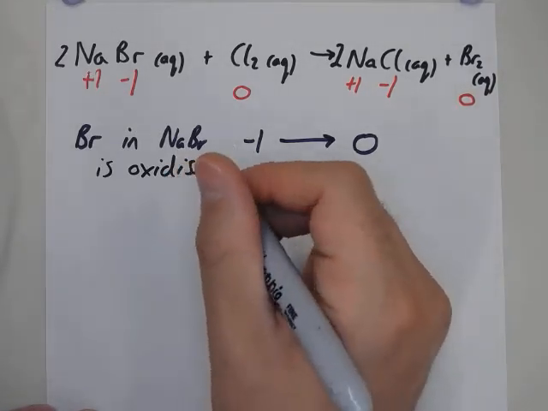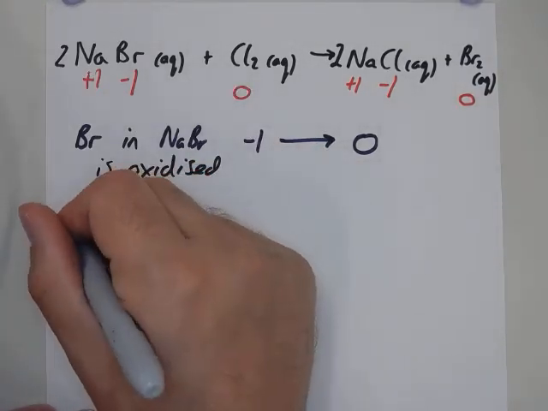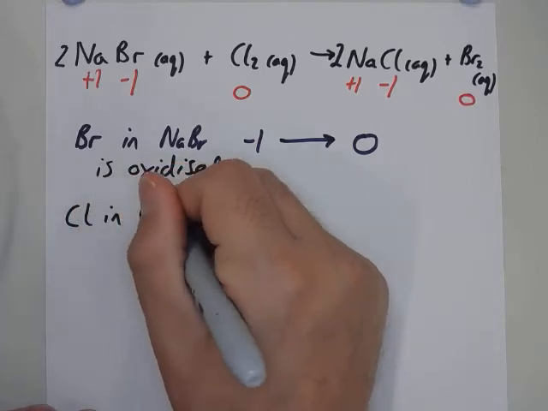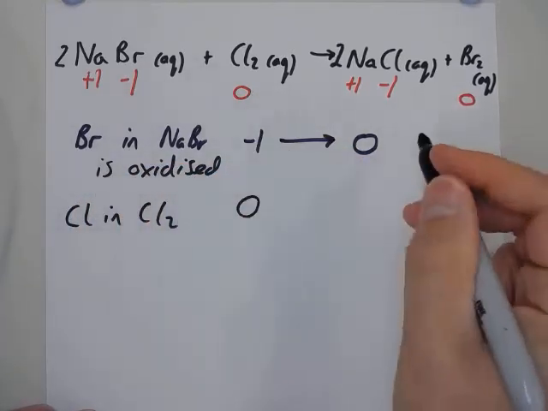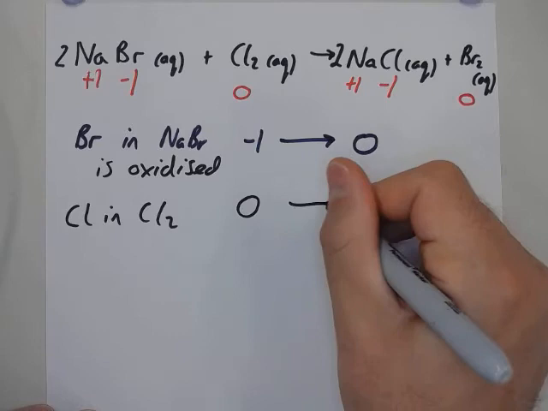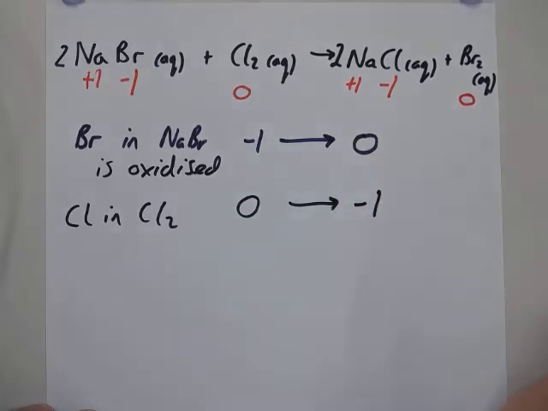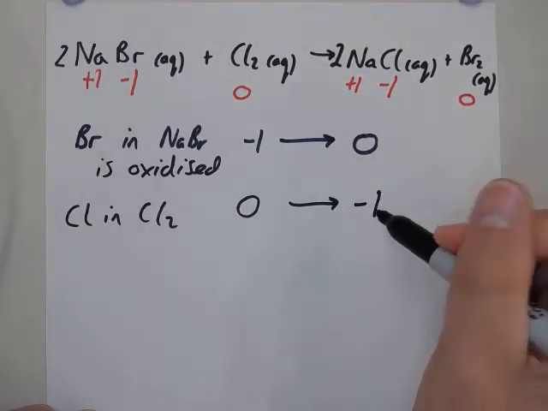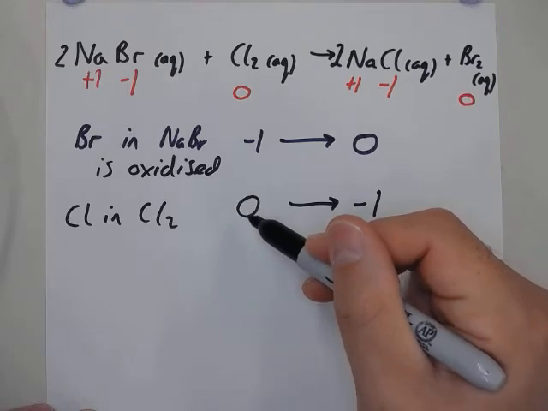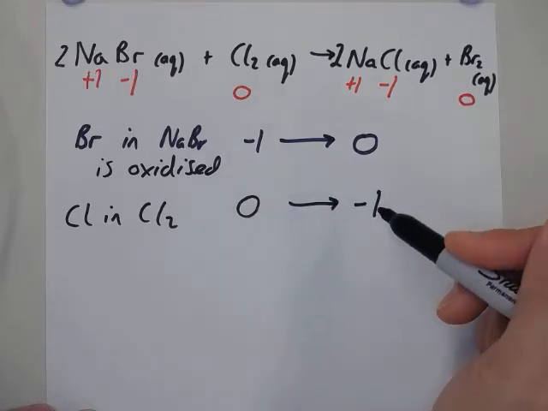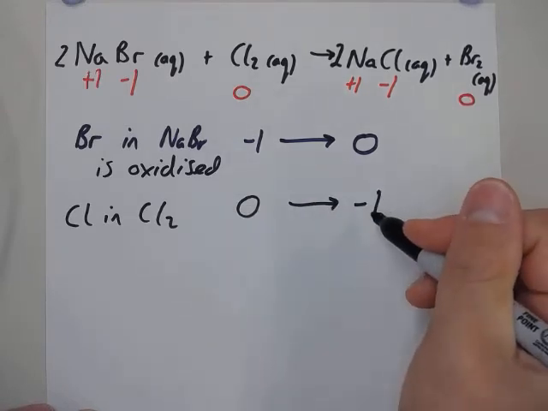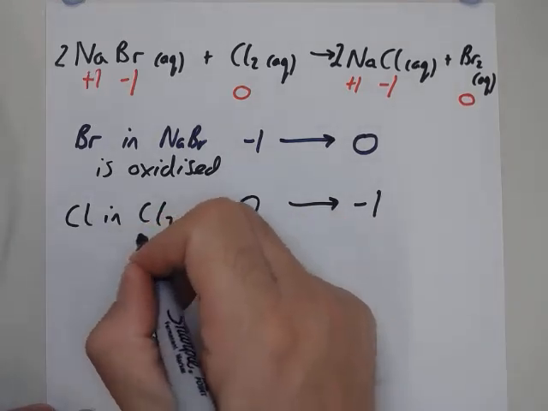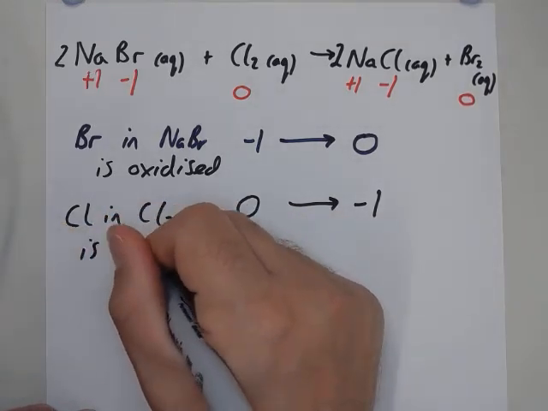If we look at the chlorine, Cl in Cl2, it starts off as 0 and it ends up as -1. So it's got more negative. So to get the oxidation state to get more negative, it must have gained an electron. Okay, so the Cl in Cl2 is reduced.